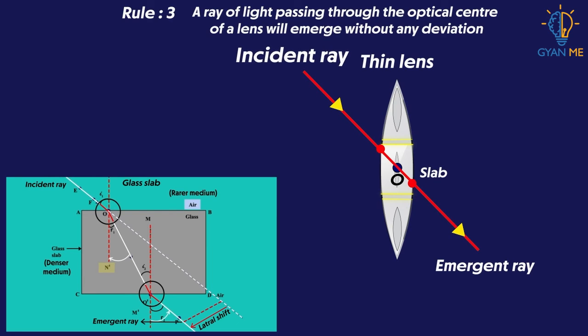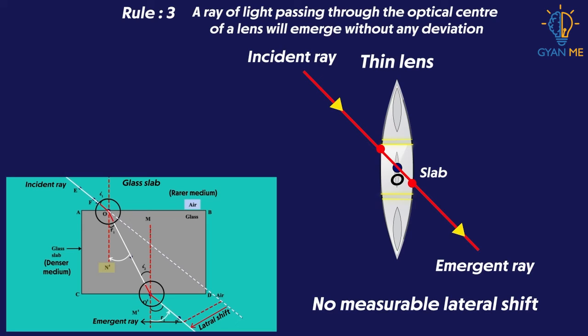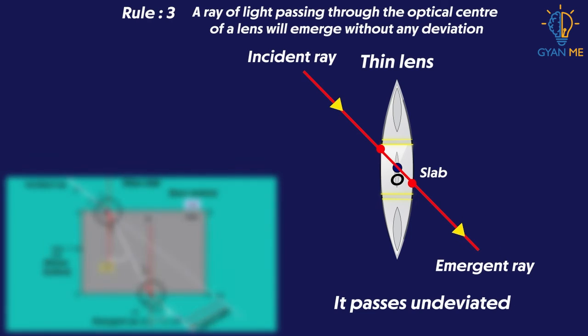Yes, the incident ray and refracted ray overlap each other and appear as if they are not deviating or bending. We can also say that there is no measurable lateral shift, or it is almost equal to zero, and so the rays appear straight. They do not deviate, and we say that the ray passes undeviated.